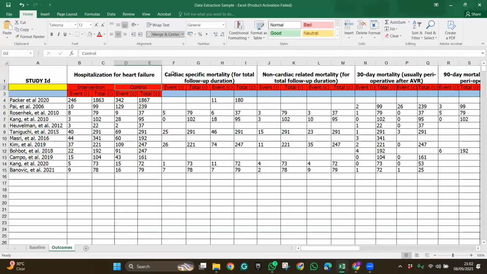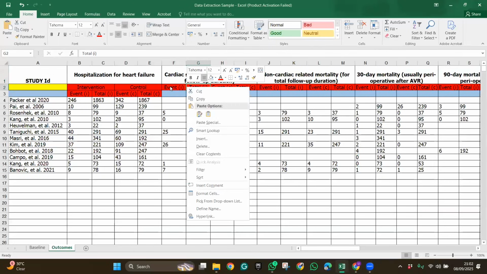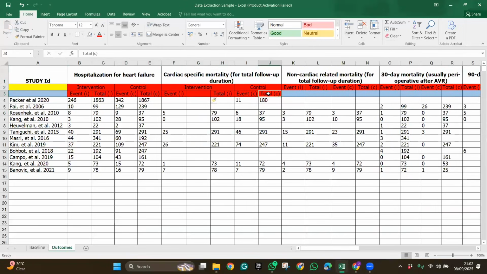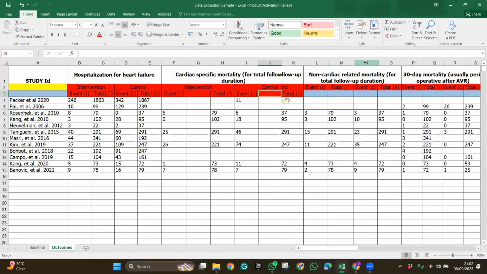Let's say this is the second outcome, which is reported in the form of mean and standard deviation. Let me just add the third column. Copy this. See. Third sheet columns, right?